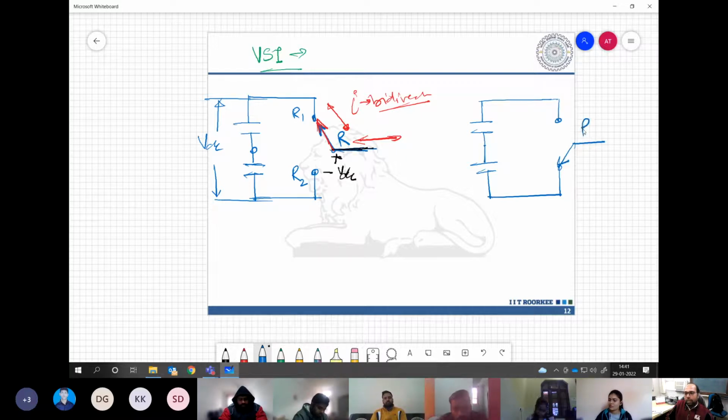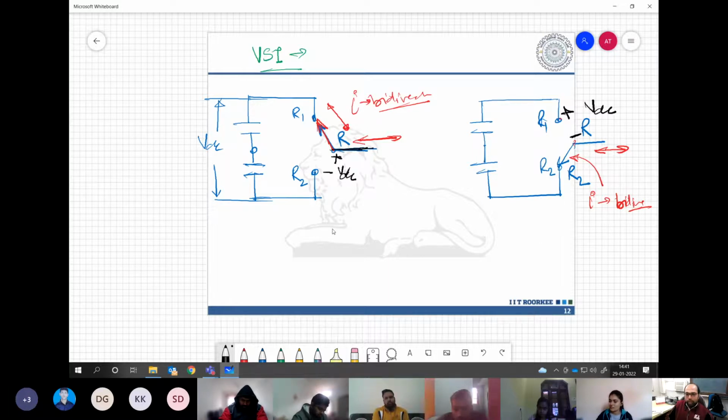When it is connected here, R2, again we have bidirectional current for the load. So current for this switch is again bidirectional. And what is the voltage blocking requirement for R1? R1 plus R negative, and total voltage is VDC, correct?